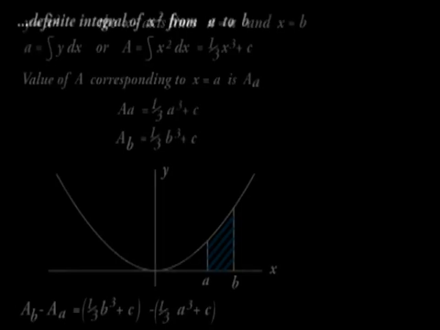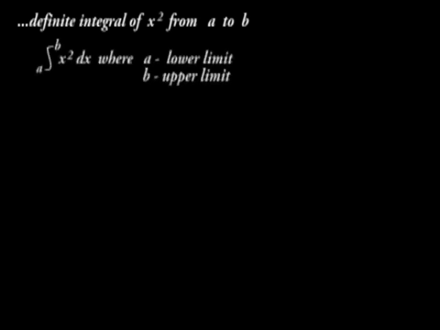This is called the definite integral of x squared from a to b, denoted by the function below, where a is the lower limit and b is the upper limit.